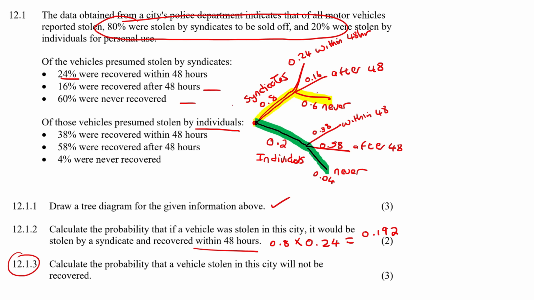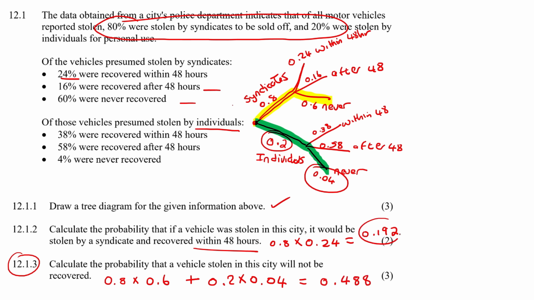First you need to get the total for the yellow one, which is 0.8 multiplied by 0.6. Then you add the total for the green one, which is 0.2 multiplied by 0.04. Add this up, and you should get 0.488.